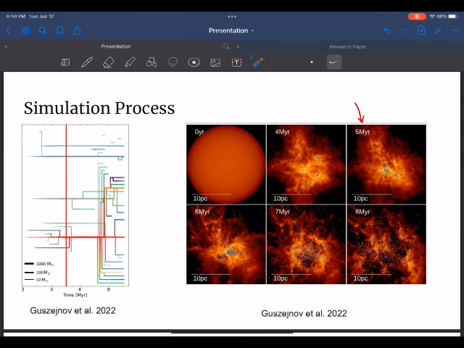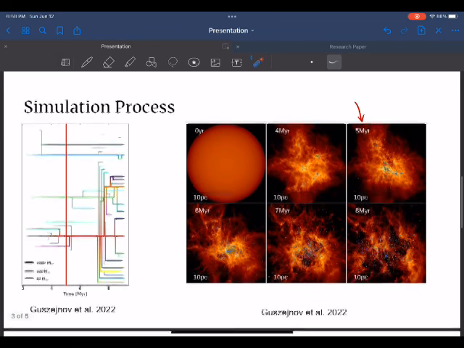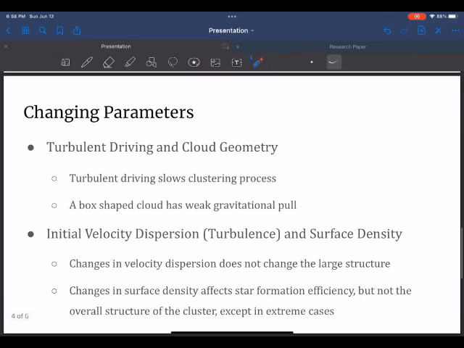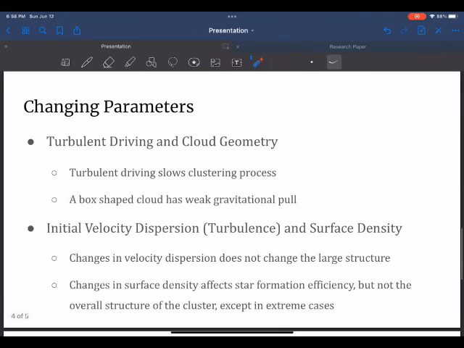Now, this was the first simulation, the building block. The researchers changed different initial conditions of the simulation process, so these parameters. I'll just go over the basics. So, turbulent driving. Turbulent driving is where you add turbulence to the molecular cloud, a constant turbulence flow to the molecular cloud.